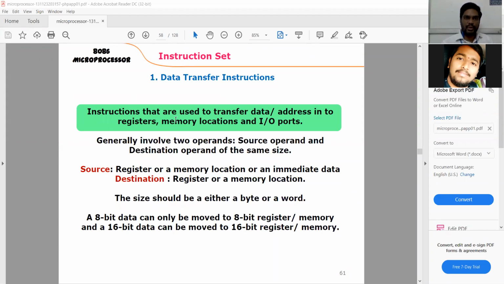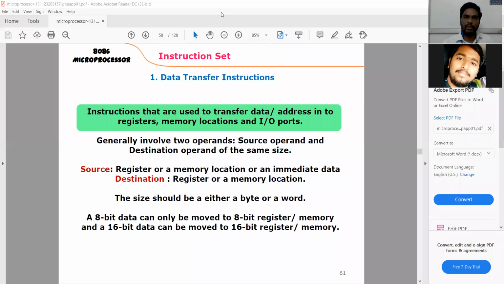Whatever the location may be, whether a register, a memory location, or an IO port, these instructions will perform the data transfer between them. Generally they involve two operands: one is the source operand and the other is the destination operand, of the same size.